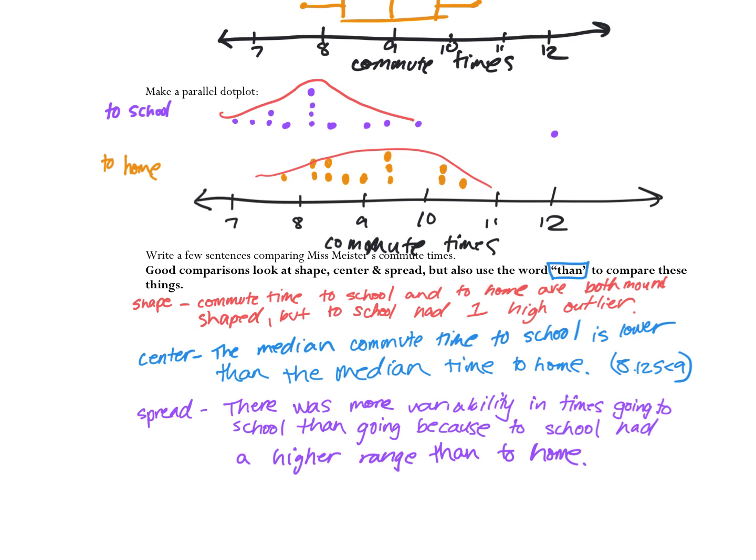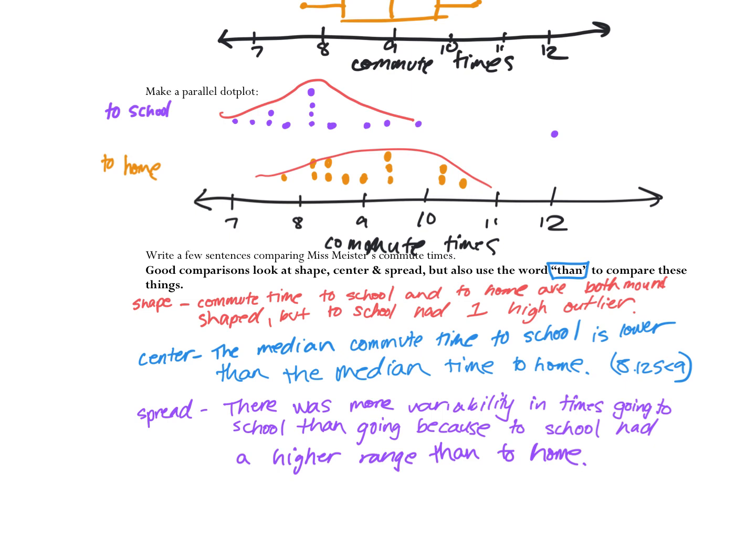Now, here's what kids do that always makes the graders mad, and they lose points for this, and it's so dumb. They say, the median commute time to school was 8.125, and the median commute time from school is 9. And they don't actually make that direct comparison.